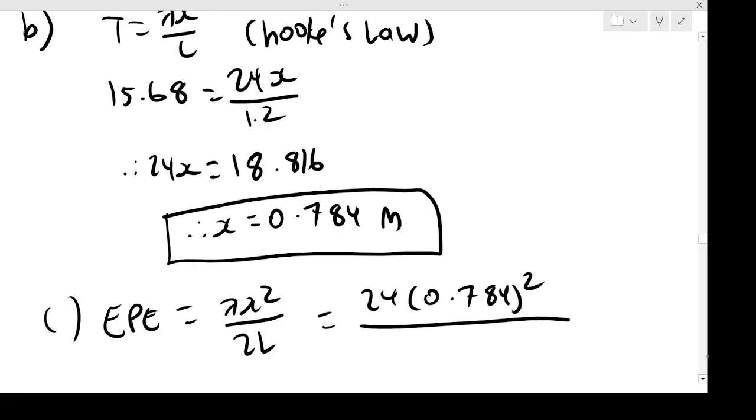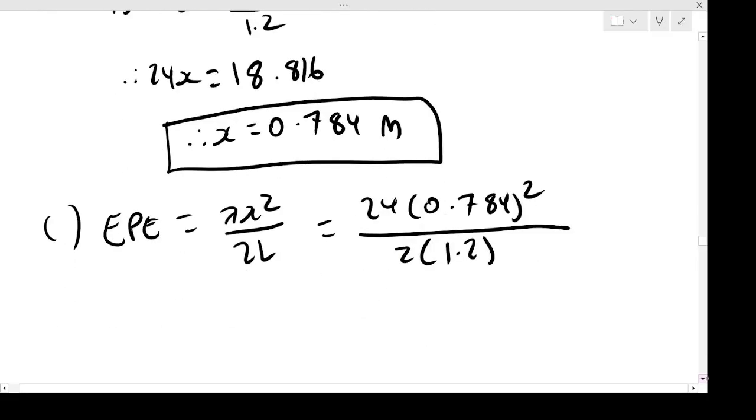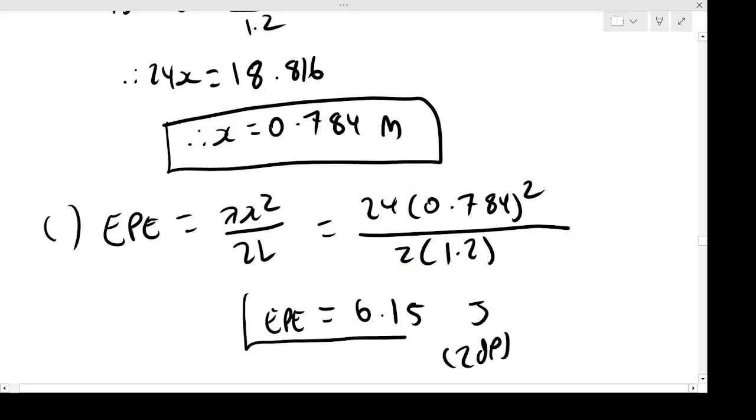Square that, divide by 2 lots of the natural length 1.2. So very nicely we can work out the EPE, the energy, to be 6.15 joules. Okay, and that is my energy there.